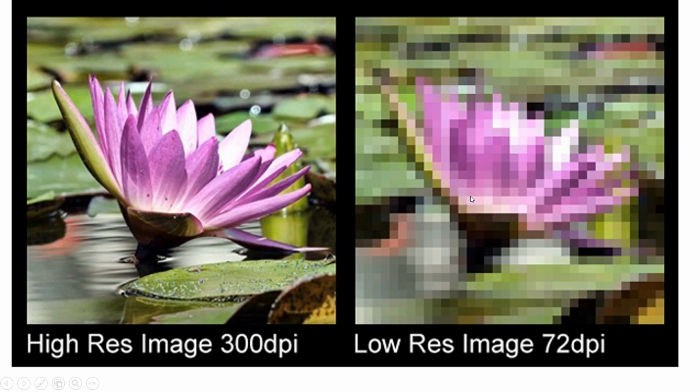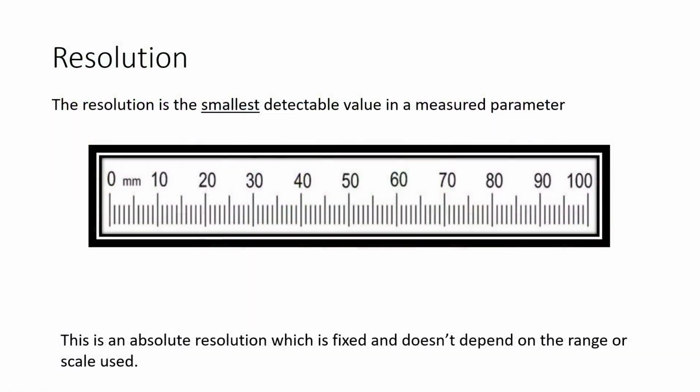And this is true of sensors as well. So the first thing to think of is, what do we mean by resolution? When we talk about measurements, it's the smallest detectable value in a measured parameter. So what do you think the resolution of this ruler would be?